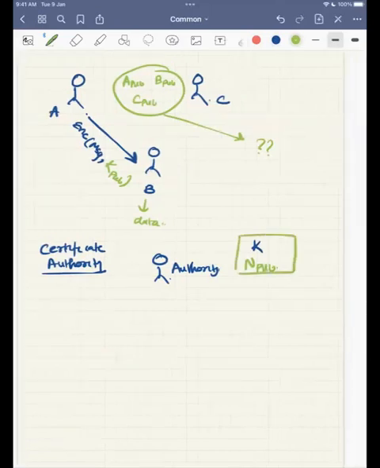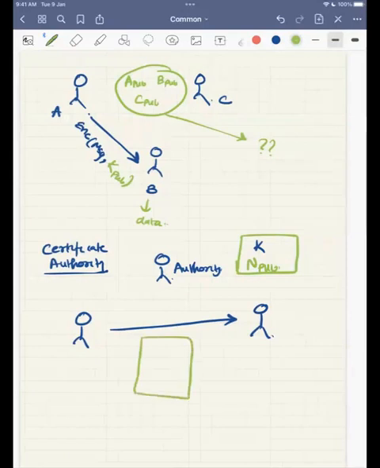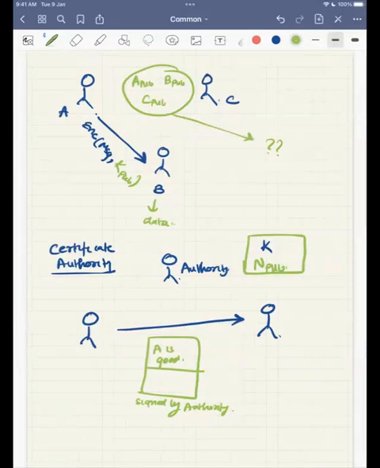Let's say A wants to send the data to B. A can say that A is good, and this is signed by the third-party authority. Then we can verify the signature that is coming with the data using the public key, and state whether it is success or not.